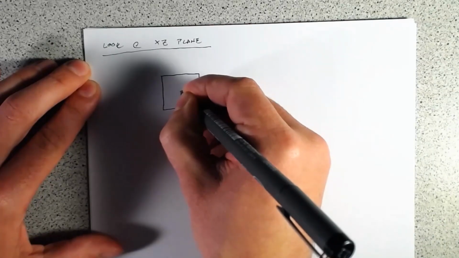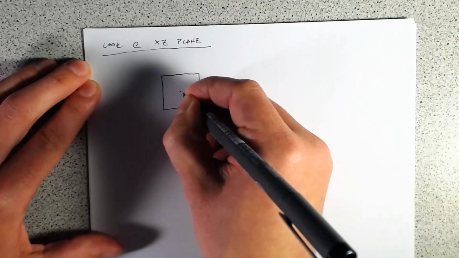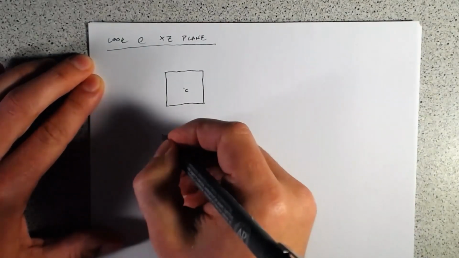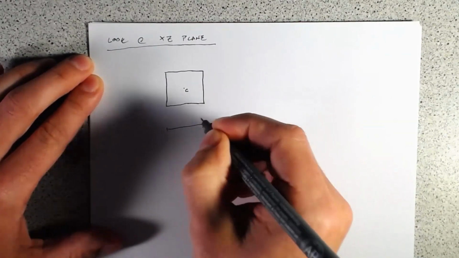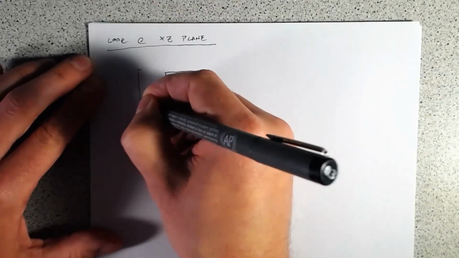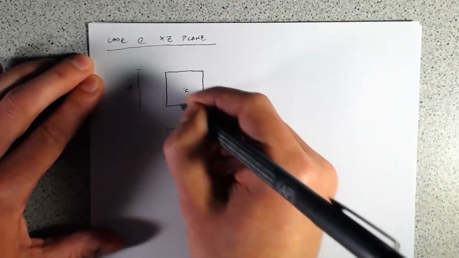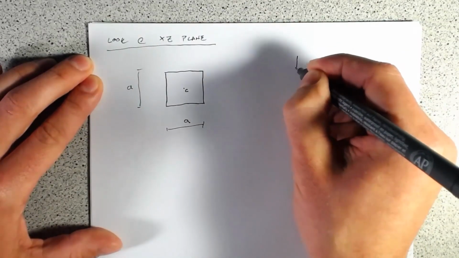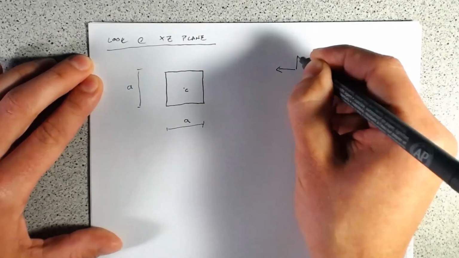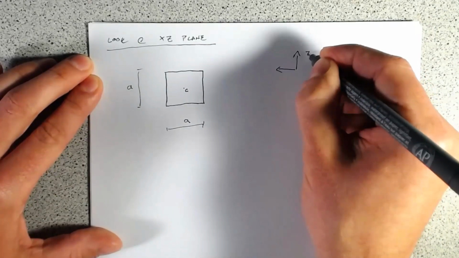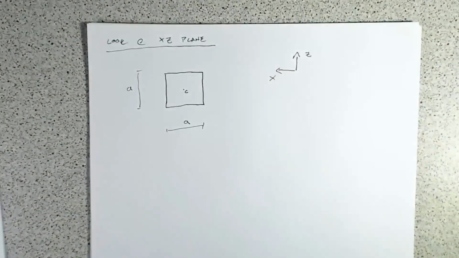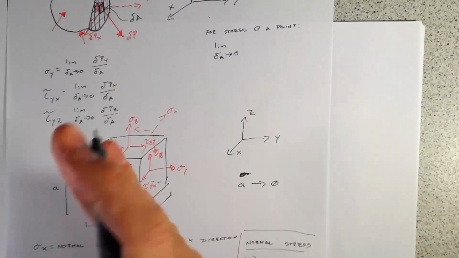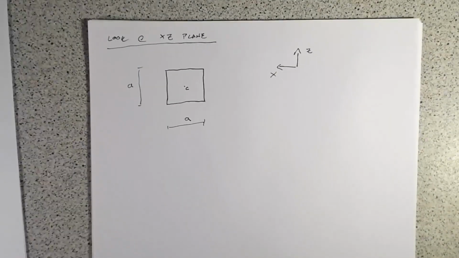We'll call the center C, just to give ourselves an orientation. The sides have dimension A, and then we have our axes Z, X, brought straight from this little block here.